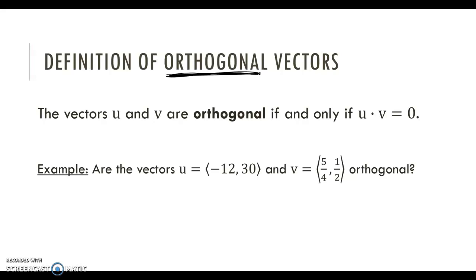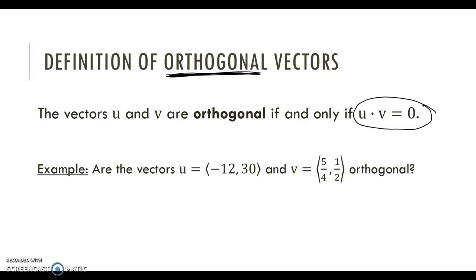If you think about that formula we just went over, and you think about cosine of theta, cosine of 90 degrees is 0. So two vectors are perpendicular if and only if their dot product is equal to 0, giving that numerator of 0, creating cosine of theta equaling 0, meaning that theta would be 90 degrees then.